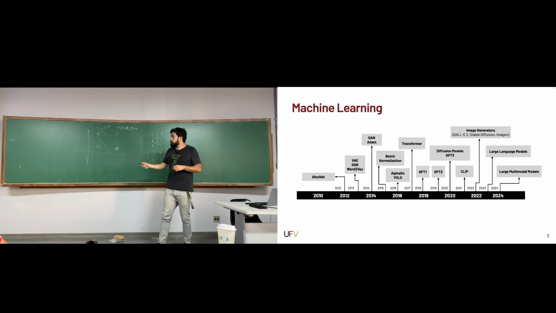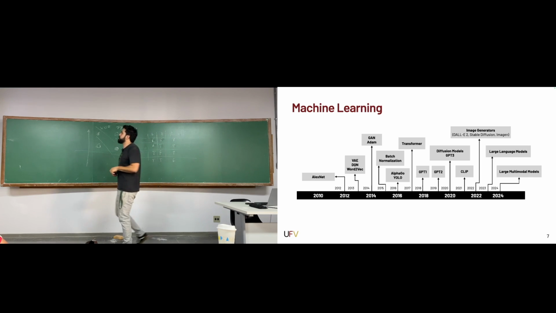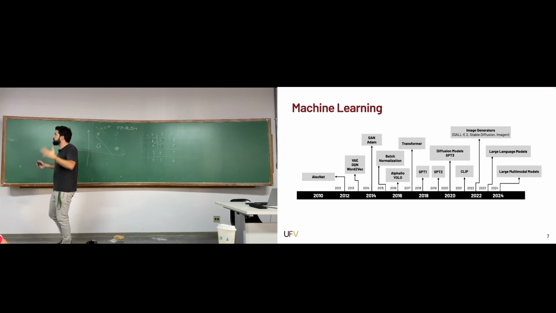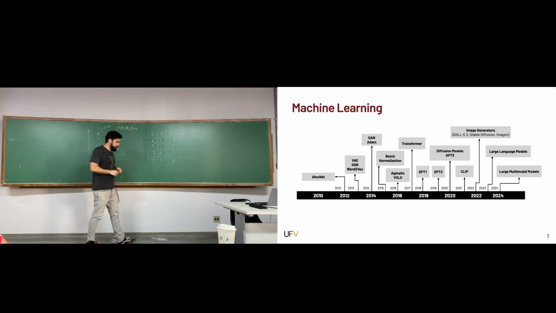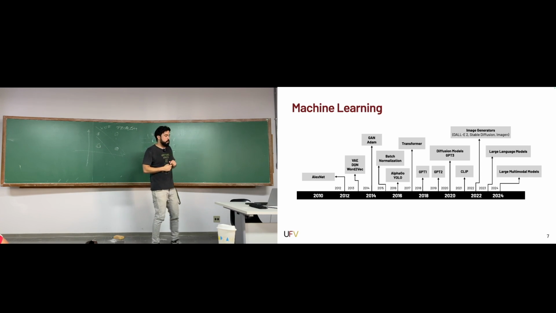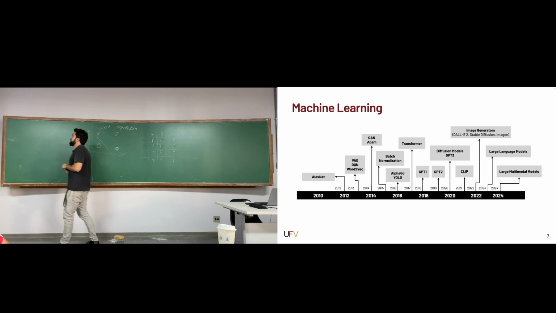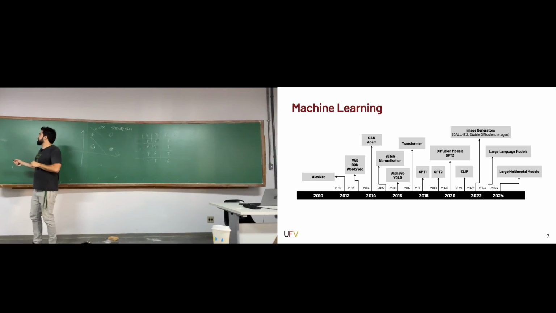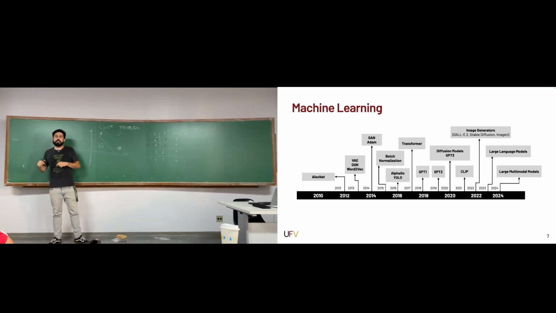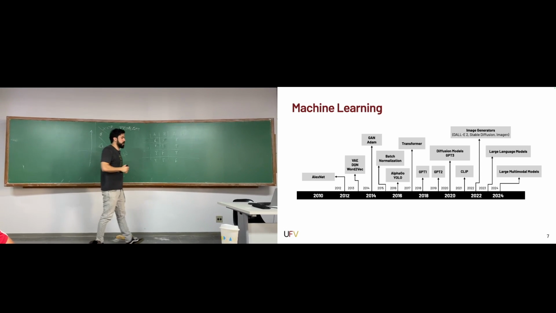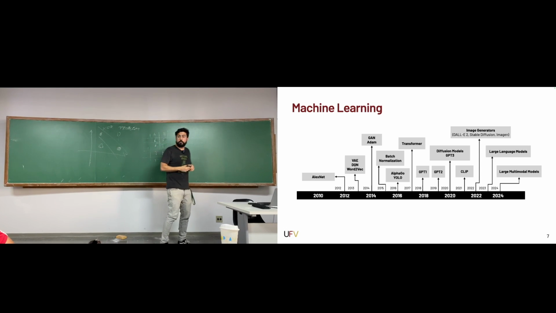And last year, we started seeing this boom of large language models, also different big tech companies having their own chat-based or prompt-based large language model. And since this year, this has increased to have multimodal capabilities.